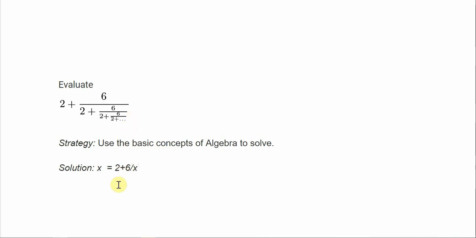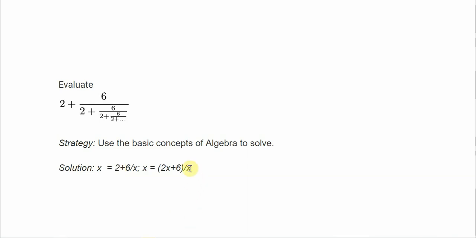We know that 2 is basically 2 over 1 plus 6 divided by x. You can factor out the 1 and do 2 over 1 multiplied by x over x. That will give you 2x divided by x. So you'll easily get x is equal to 2x plus 6, and actually, let me put the whole thing in parentheses, divided by x.